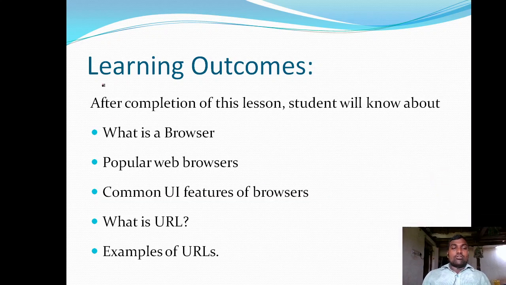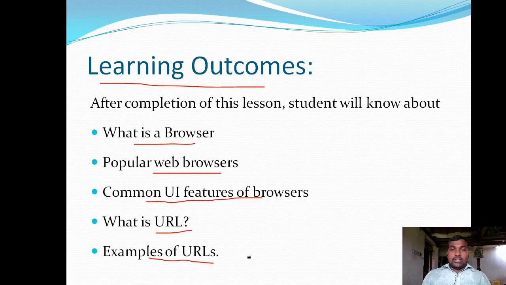Today's learning outcomes of this particular session are: after completion of this lesson, a student will be able to know what a browser is and what the different kinds of popular web browsers available in the world are, and then the common user interface features of web browsers. Then he will be able to understand what a URL is and some examples of URL.